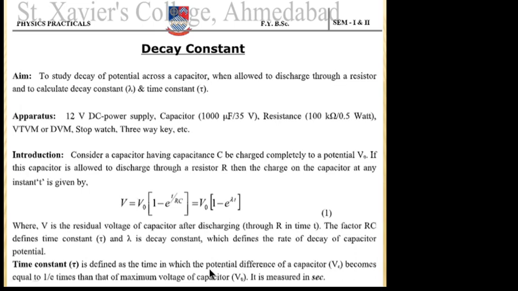When you switch on the capacitor to discharge it, the capacitor slowly discharges through the resistor you have connected in the circuit, and therefore it decays at a certain rate.